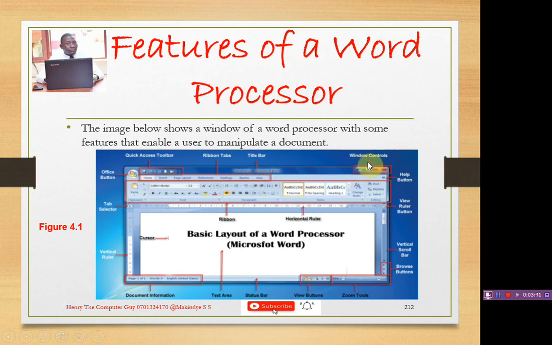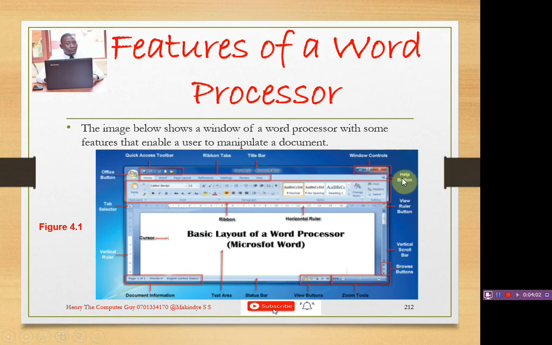Then aside here we have what we call the window controls, and this contains 3 options. We have the minimize, in the form of the negative symbol. We have this one in the form of a box, that is the maximize or restore, and this one is the close. So we shall be seeing what they all do.